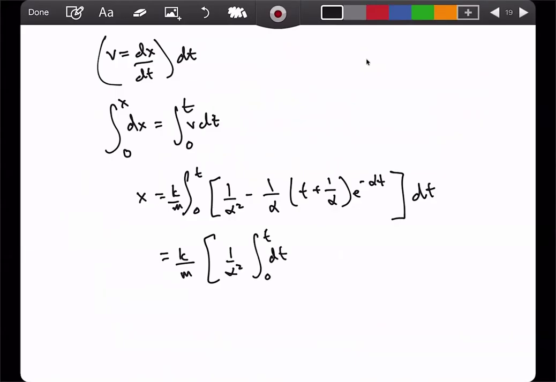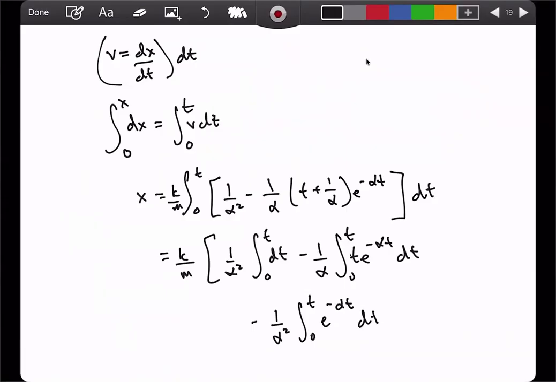That's nice and easy, that's the first term. Then I get a minus 1 over alpha integral of t e to the minus alpha t dt. That's the second term. And finally, we get a minus 1 over alpha squared integral from 0 to t of simply e to the minus alpha t dt.